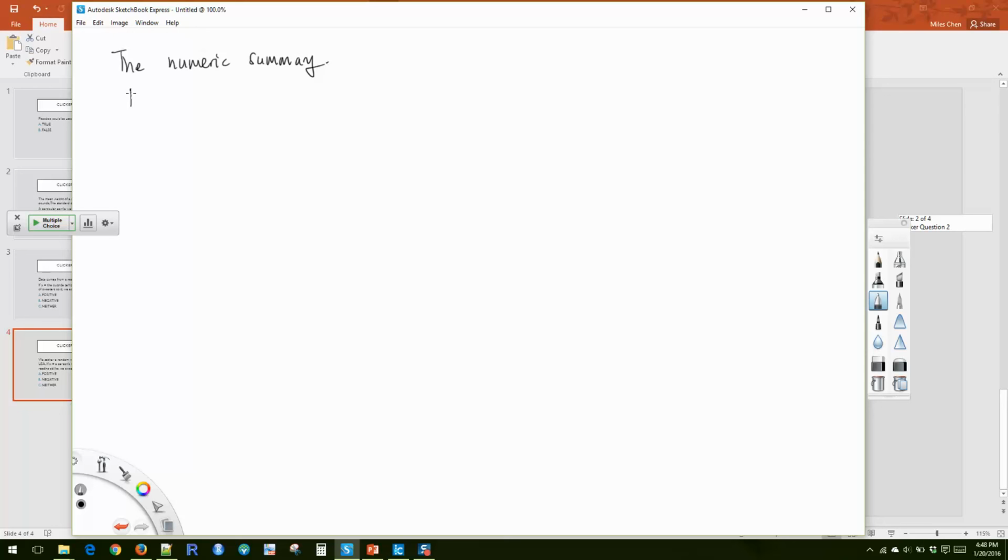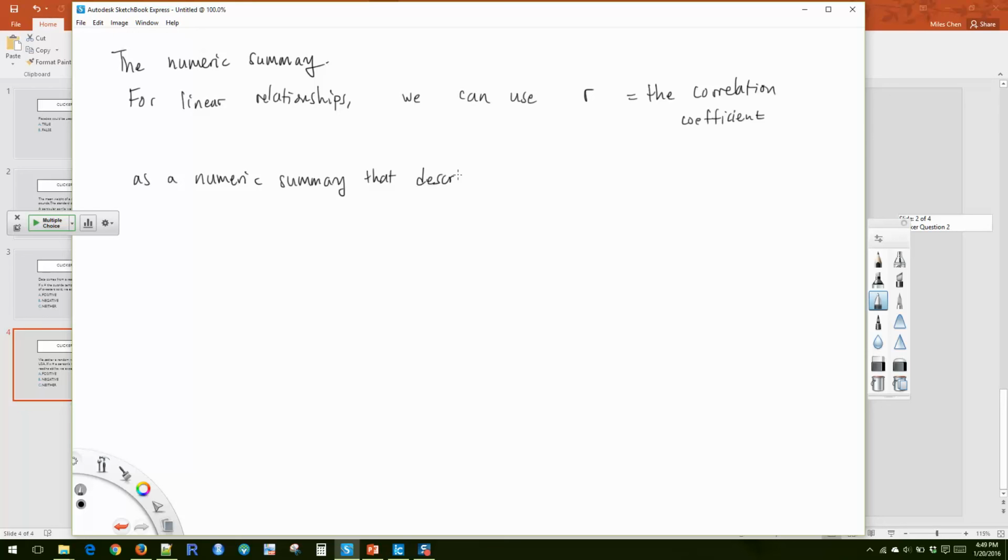I'll cover this in further detail on Friday. For linear relationships only, we can use R, which is the correlation coefficient, or just correlation for short, as a numeric summary that describes the direction and strength of a relationship.